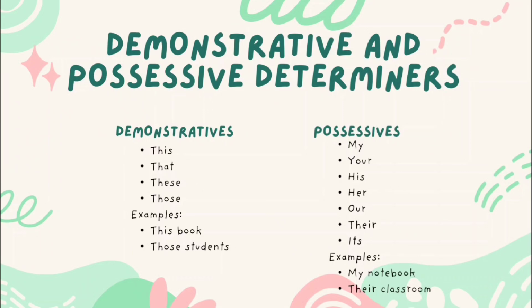Possessive determiners show ownership or possession. Examples include my, your, his, her, our, their, and its. In the sentence, their classroom, the determiner their tells us who the classroom belongs to.